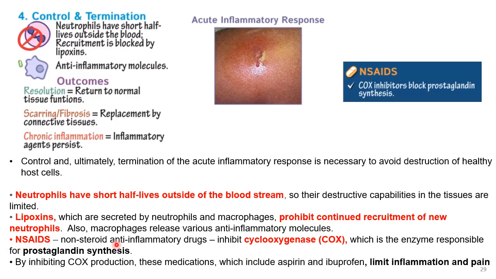Those are called non-steroidal anti-inflammatory drugs. In the case of ibuprofen, for example, you're going to inhibit an enzyme. Here is your cyclooxygenase enzyme. If you inhibit the enzyme, you're not going to be producing prostaglandins, okay? So if you cut the enzyme, you're not going to have so much of the prostaglandin. You're going to slow down inflammation and also the pain. Okay. So here, limiting inflammation and pain.